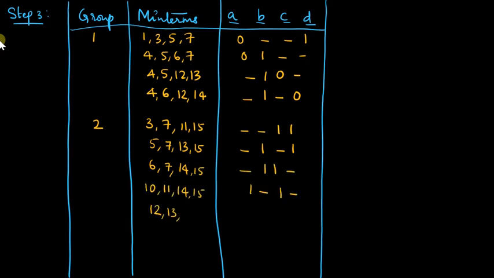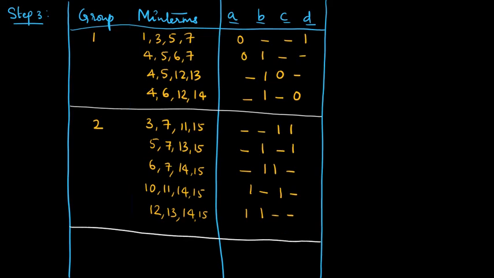Now I need to check whether there is a possibility of comparison between the two groups, and if there is, I put a tick mark to the corresponding minterms.